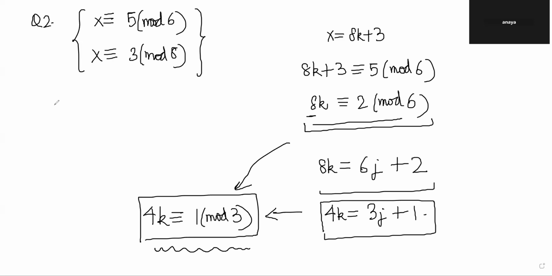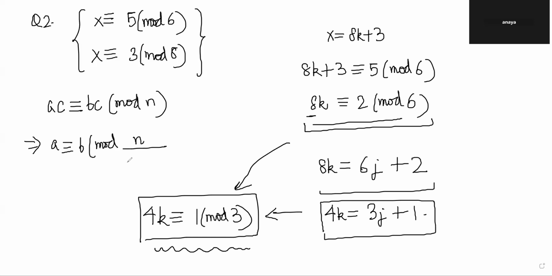So the way to divide is, if you have AC is congruent to BC mod N, and you want to divide by C, but it seems like C and N have some common factors, then this is going to be equivalent to A is congruent to B mod N divided by GCD of N and C. Here GCD of 2 and 6 is 2 only, and 6 by 2 became 3.